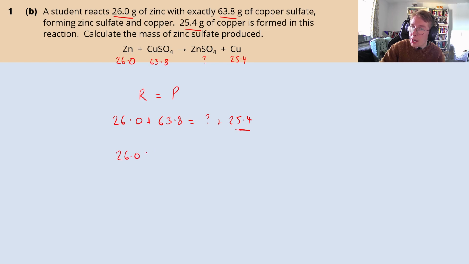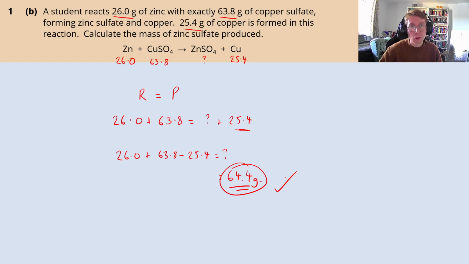So what we have is 26.0 plus 63.8. We're taking away that 25.4, and that will give us whatever our answer is. Now, if you do this calculation, you get an answer of 64.4 grams. And that will get you 1 mark if you got it right.